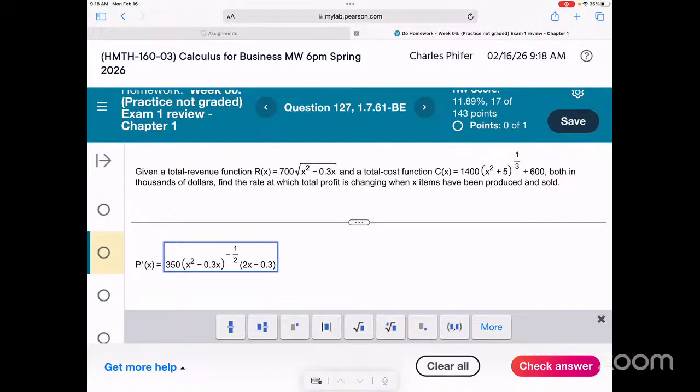Then we need to say minus c prime. 1/3 comes down. I'm going to leave it as 1400 over 3 for now. The inside persists. So that's x squared plus 5.